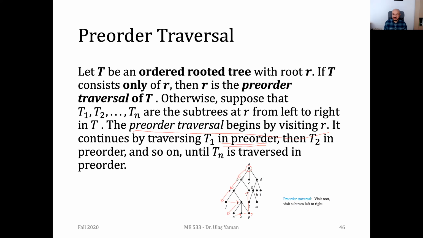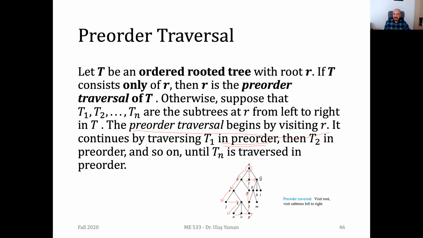Now I can start visiting the siblings of B, so I will continue with C. Then I don't have another option: A is already visited, and I have T3 of A, so I need to continue here.